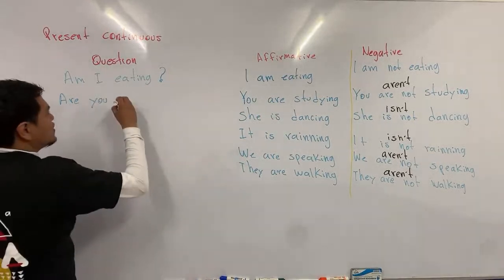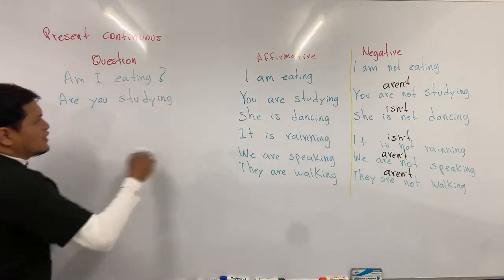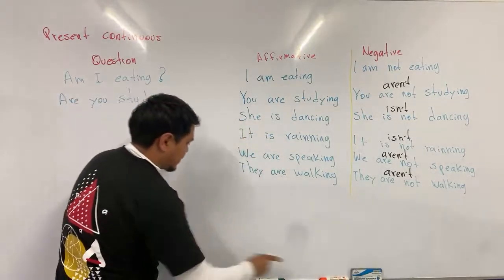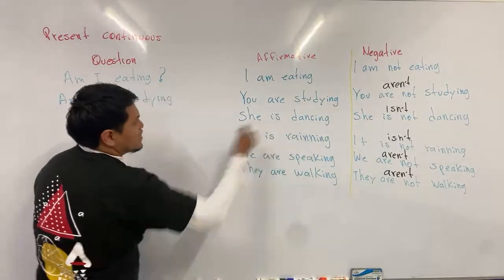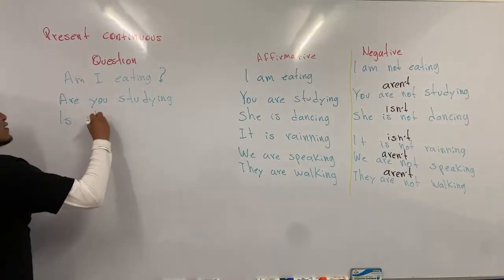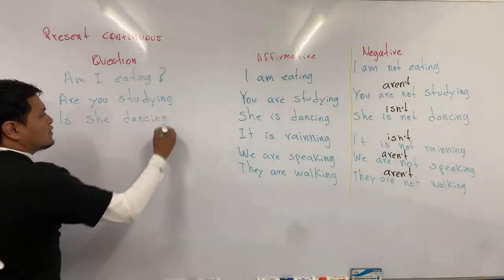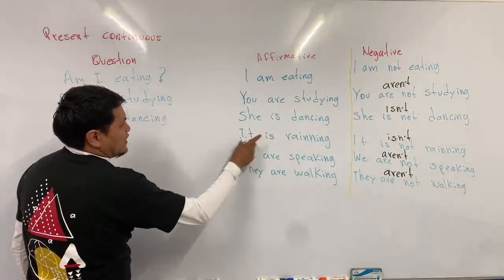In question, are you studying? It's the same with this. She is dancing. In question, is she dancing? With this is the same. It is raining.